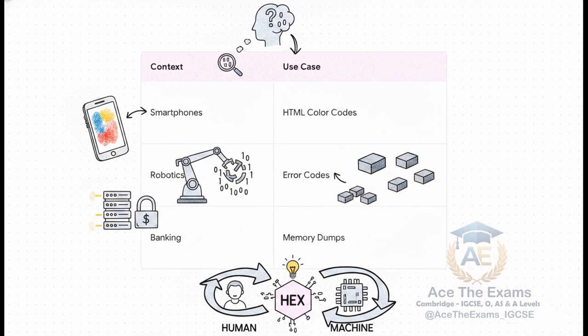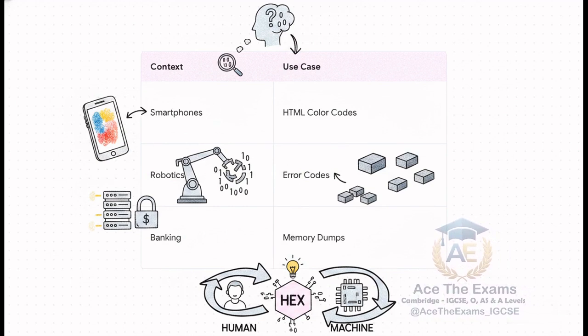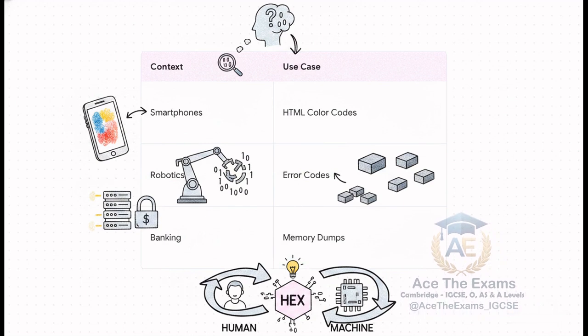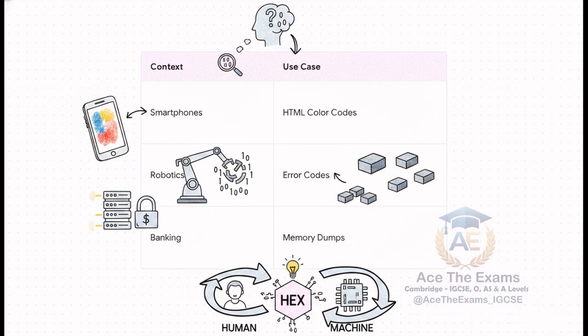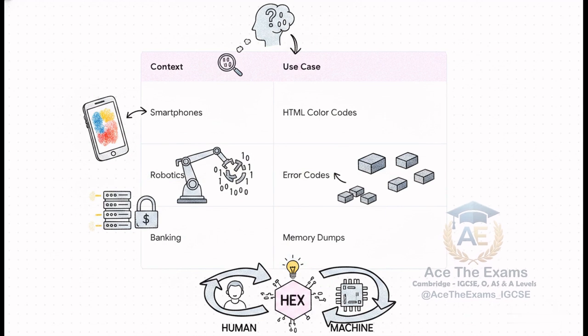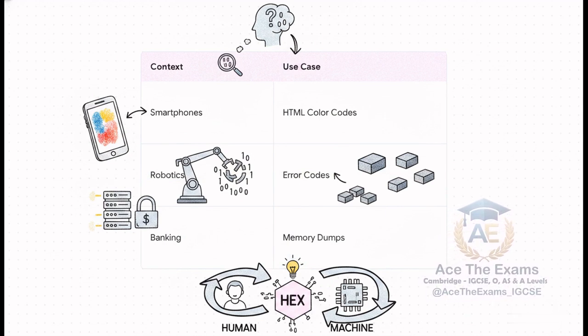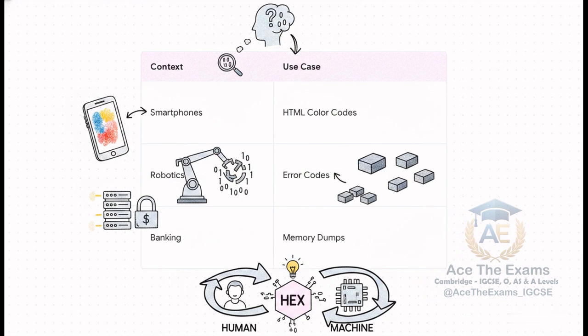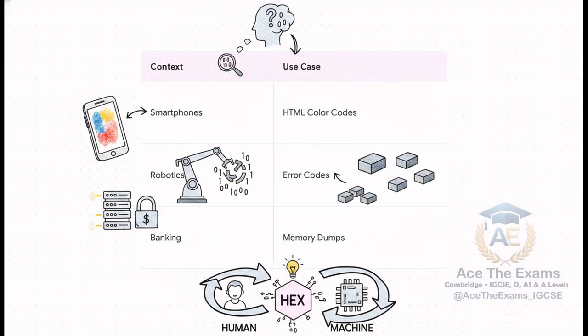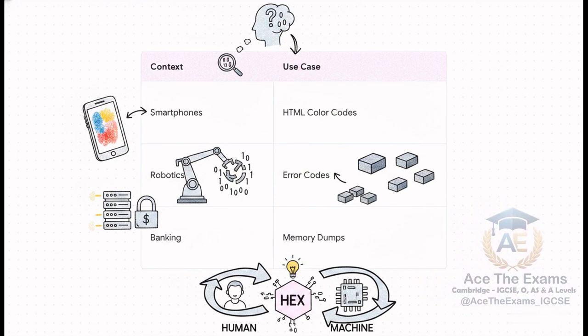The core reason is universal. Hexadecimal reduces the cognitive load on the human. It is always about making those endless ones and zeros easier for humans to trace, log, debug, and copy without making silly errors. If you can train your brain to spot that universal pattern, you can comfortably answer any weird scenario Cambridge decides to throw at you.